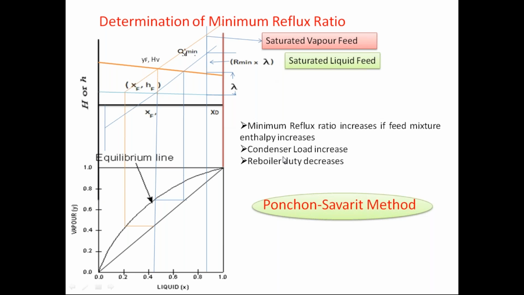You can also say that condenser load and reboiler duty also will be depending on that. So if you want more XD, then you can have more reboiler duty, because the RM decreases, so this will increase. R minimum increases for that case. So you can analyze in that way and find out the different optimum parameters in a continuous distillation column.